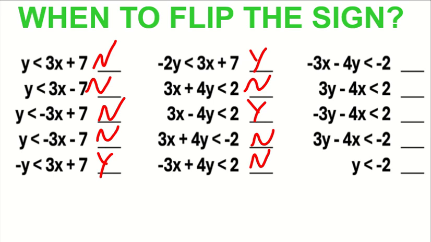There's no negative on the y, so that one is a no. All right, last column there. Top one. Yes. Second one. Third. Fourth. And the last one. So you only flip it when you see a negative sign in front of a y or in front of the coefficient on the y.